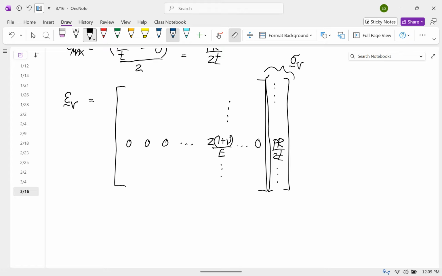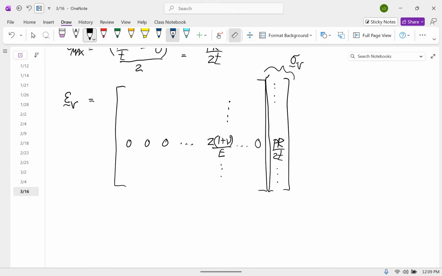So you can always figure out the shear strain by just multiplying this value, 2 times the quantity 1 plus nu over E, times the shear stress. That's not true with the normal stresses and the normal strains. Remember, a normal strain is dependent on all 3 normal stresses. We had a problem like that we had to do. But a shear strain is only dependent on the one corresponding shear stress.